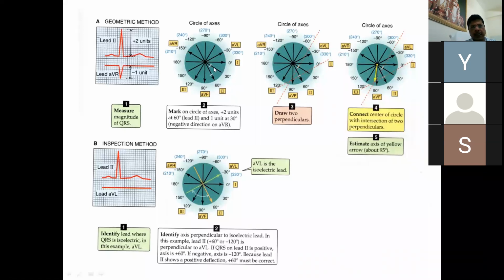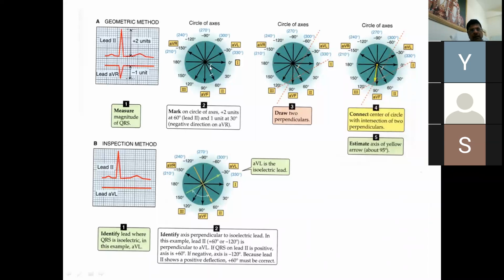Then on AVR, this is the AVR, and the arrowhead here is positive, so in the negative direction for AVR, you will mark -1 unit. So on lead 2, from the center, you mark 2 units, that is the height of the R wave in lead 2, and in lead AVR, you mark -1 unit here.